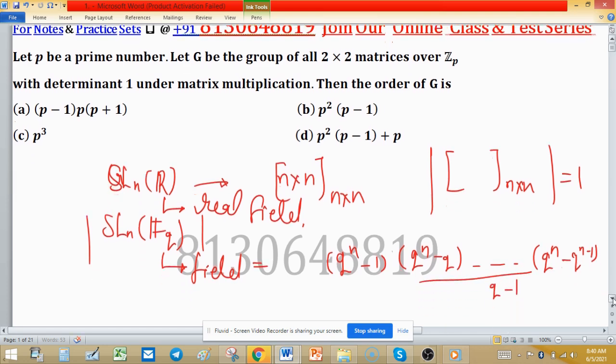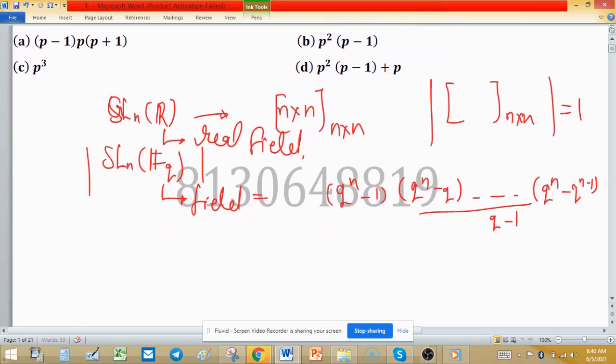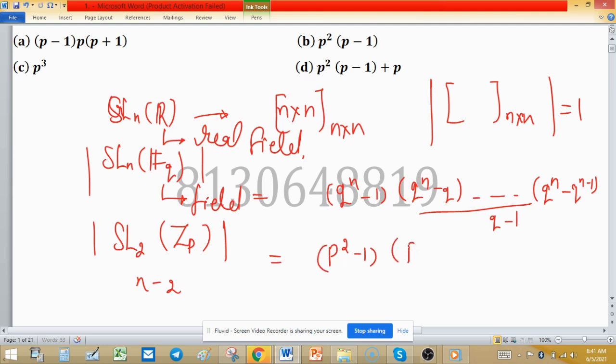This is the general formula for the order of SL_n(F_q). Here it is SL_2 and the field is Z_p. Because we are finding the order of SL_2, the value of n is 2 here, and p is prime, so (p^2 − 1) and so on up to (p^2 − p), divided by p − 1.